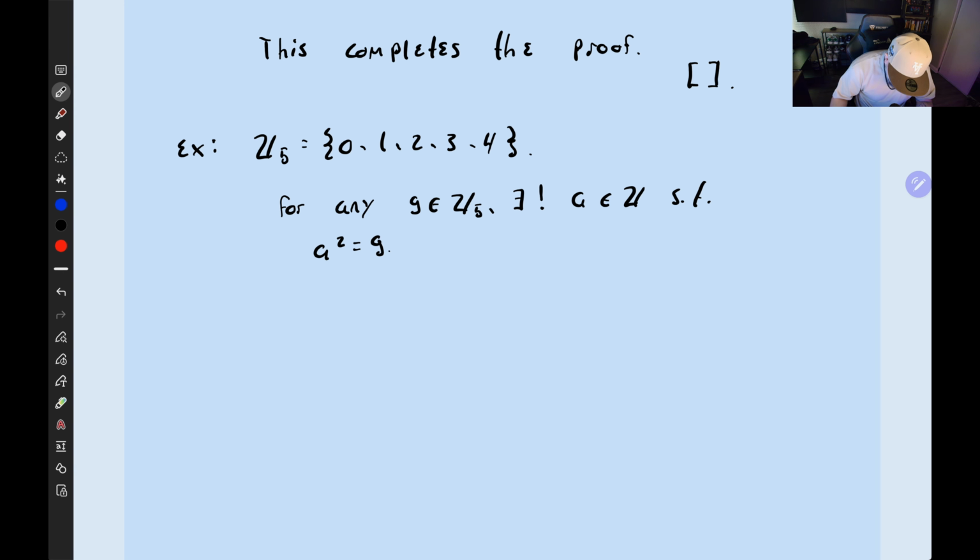In the integers mod 5, A squared would be like multiplying by 2, right? So in this context, A squared equaling G is reading that 2A is congruent to G mod 5.